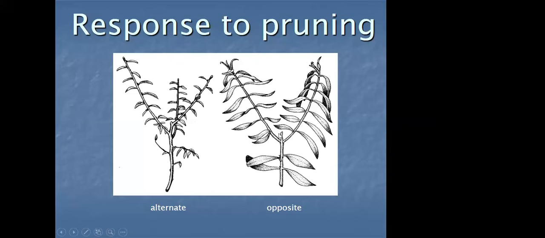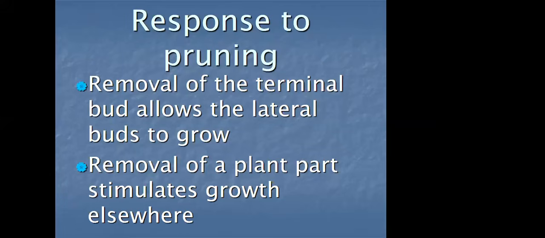And if you make a cut to an opposite budded plant here, then you're going to have both of those lateral side buds take off and start to grow. So again, that's just showing you how the plant responds to your pruning cut. Already talked about that.